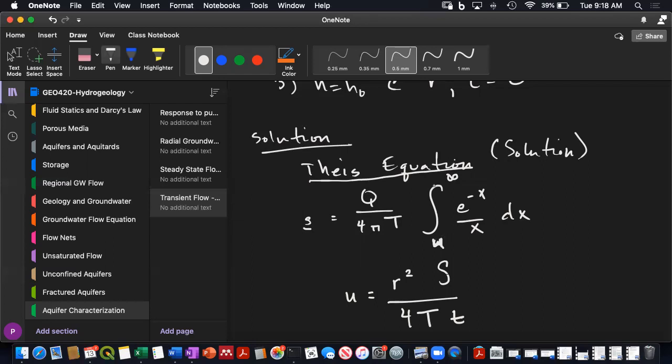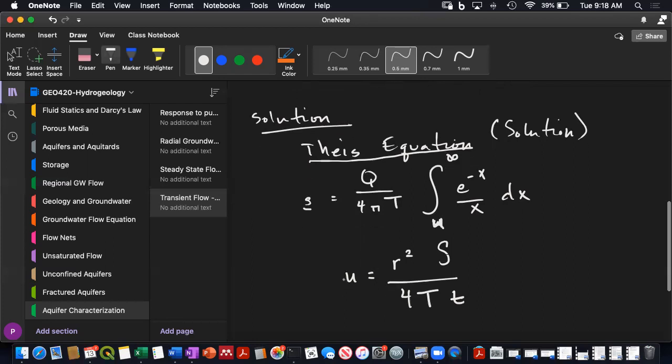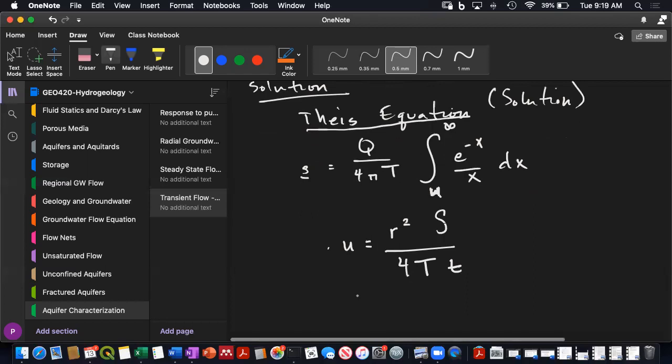So this is an infinite integral, all right? It starts off at this value u and gets evaluated all the way to infinity. All right, this is a famous integral, and it has well-known solutions.